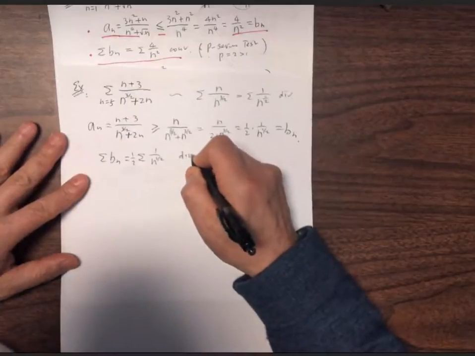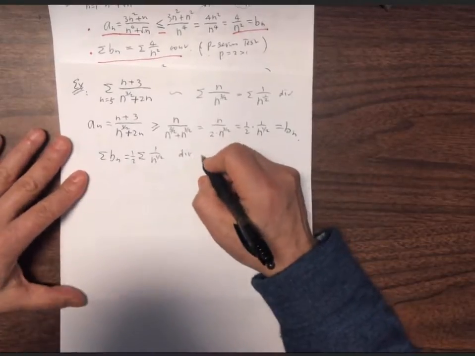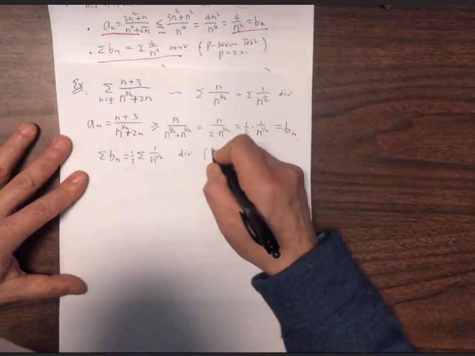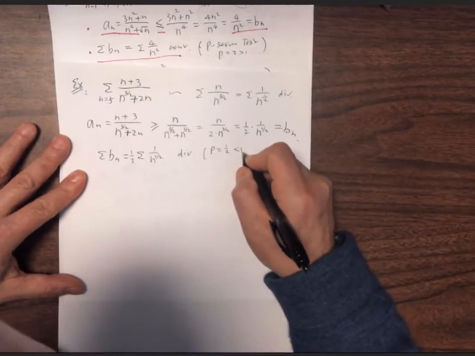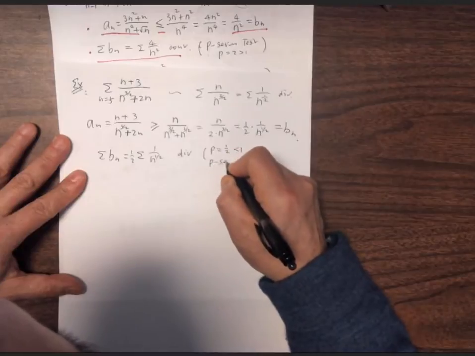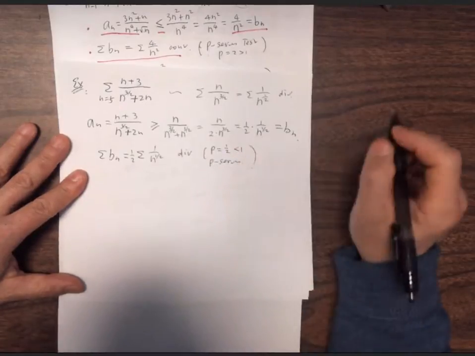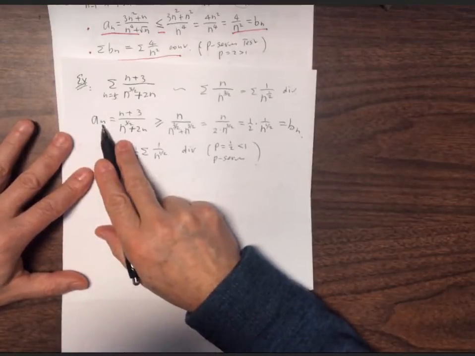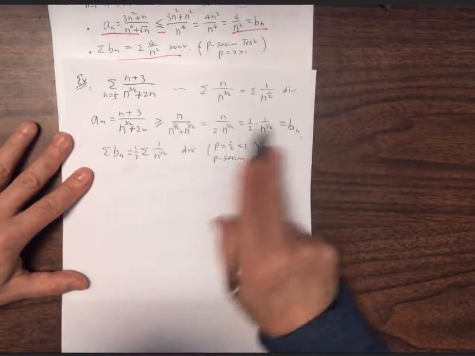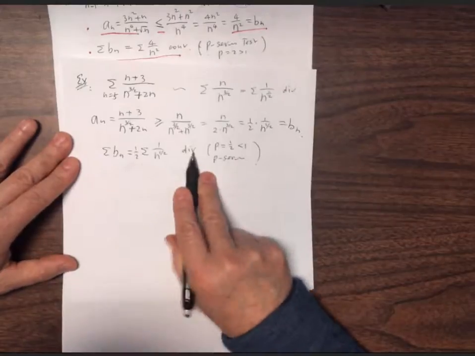So anyway, this thing diverges because it's a P series. P equal to 1/2 is less than 1. Alright, so I got the inequality A sub n always greater than or equal to B sub n, and sigma Bn diverges.